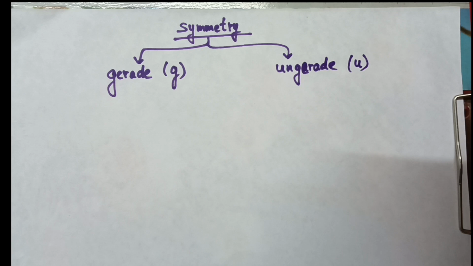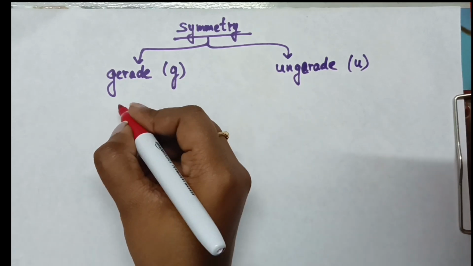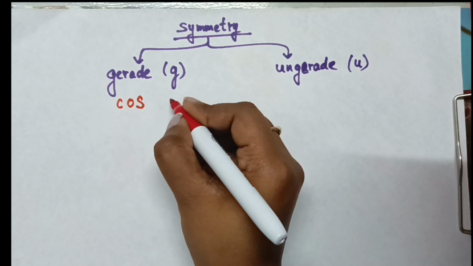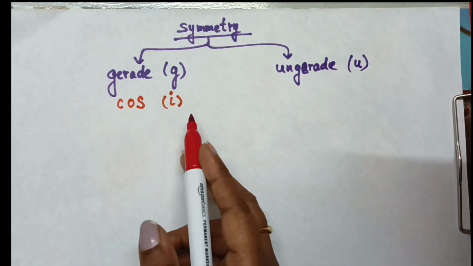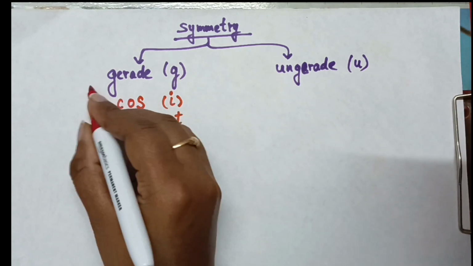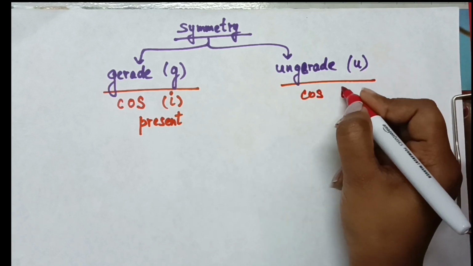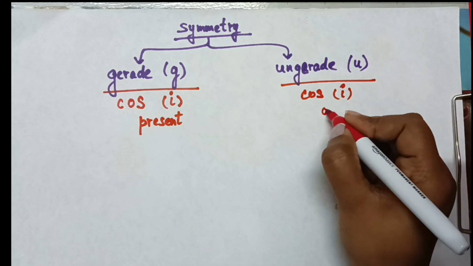In case of gerade, we will have the center of symmetry, COS, designated by small i. So the center of symmetry will be present in case of gerade, and in case of ungerade, the center of symmetry represented by small i will be absent.